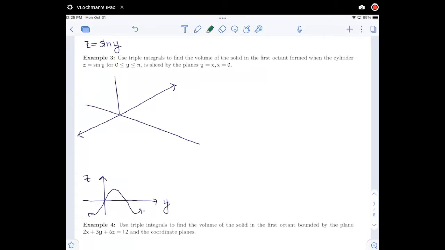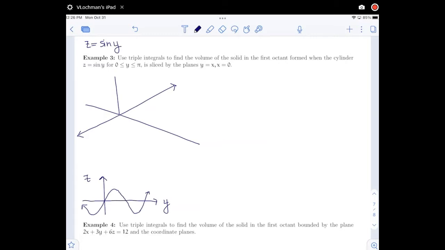It goes infinite in this direction and infinite in this direction. Now, we also have x. So what does that mean?